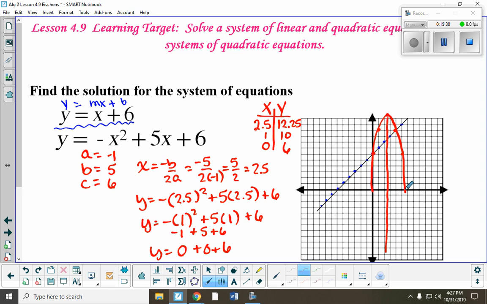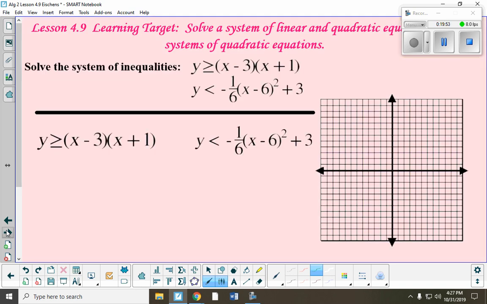And now you can see our points of intersection would be right here. And you write that down, you go over 0, up 6, and then over 1, 2, 3, 4, up 10. So those would be the points that are your solution set for these two systems.